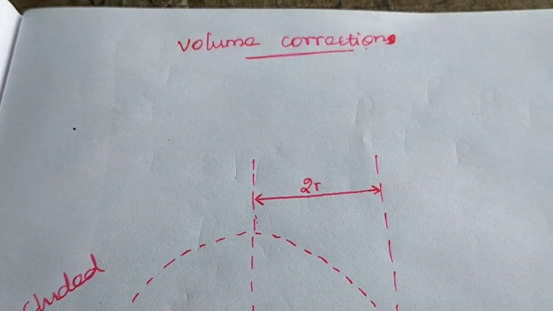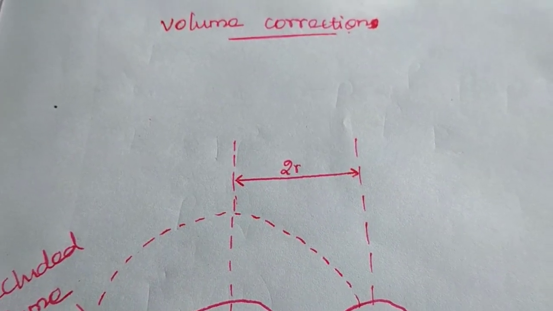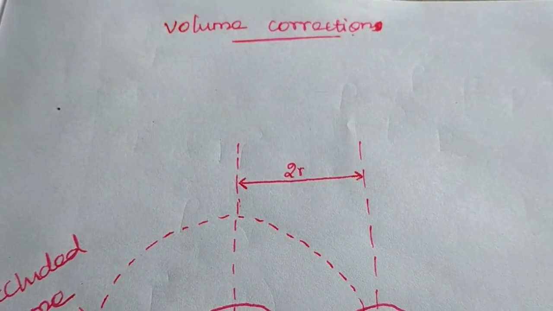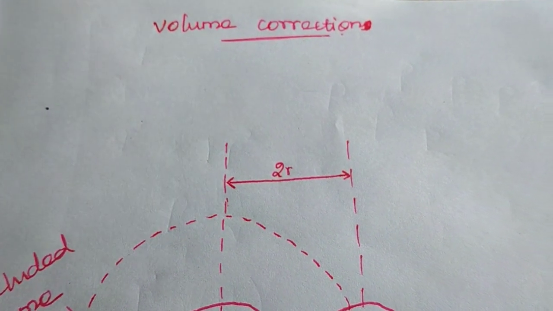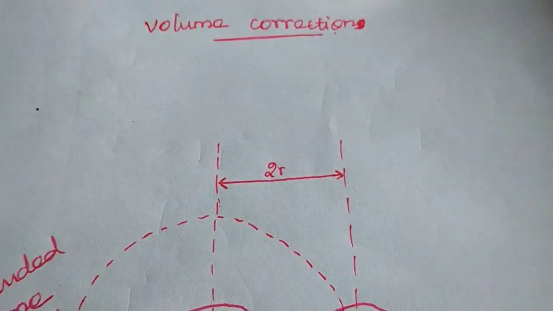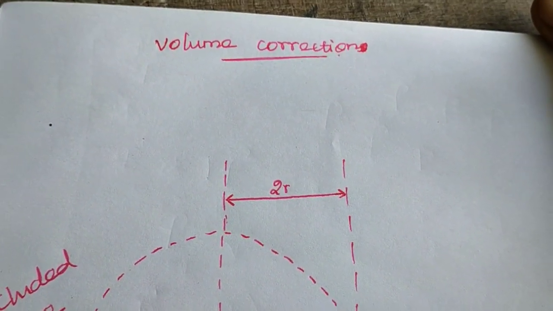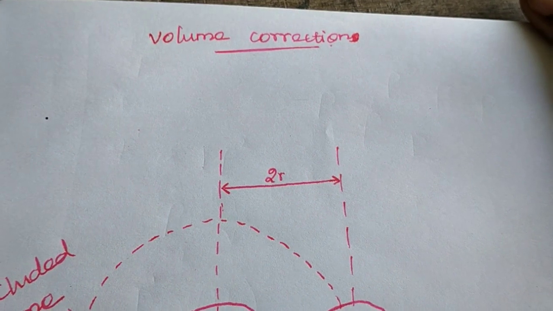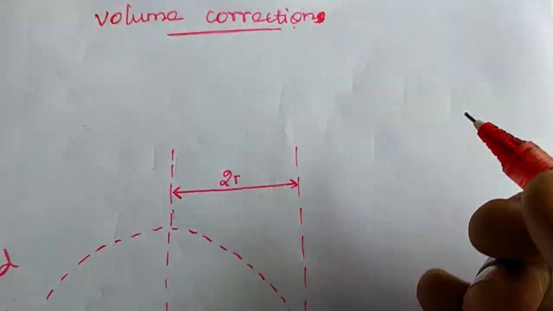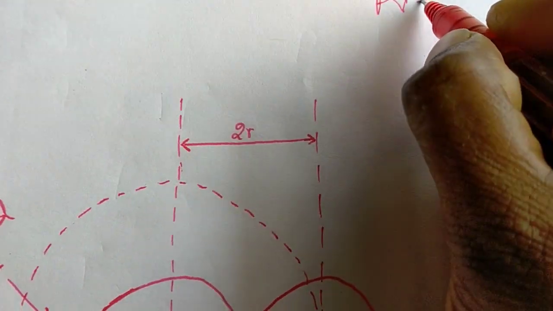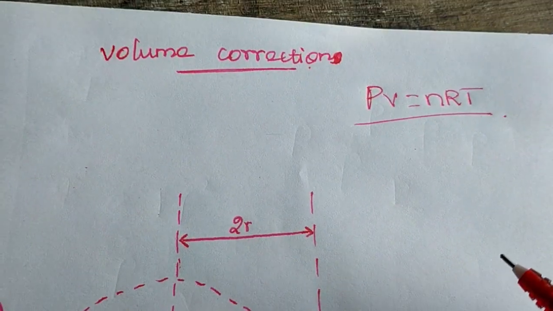Now, you know that all real gases do not behave ideally, but under certain conditions of pressure and temperature, some real gases behave like an ideal gas. That is ideal behavior of real gases. But the ideal gas equation PV equals nRT is not suitable for all real gases.